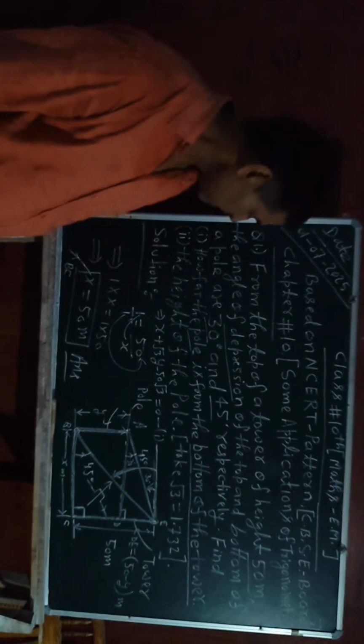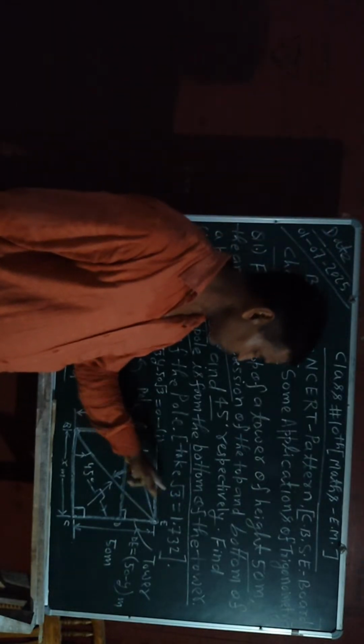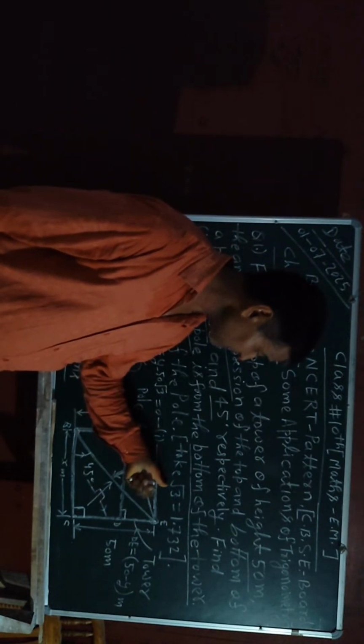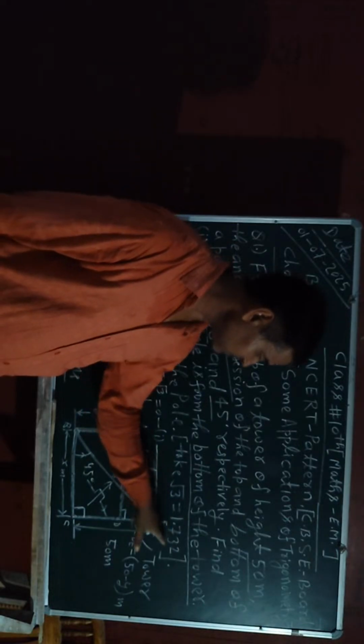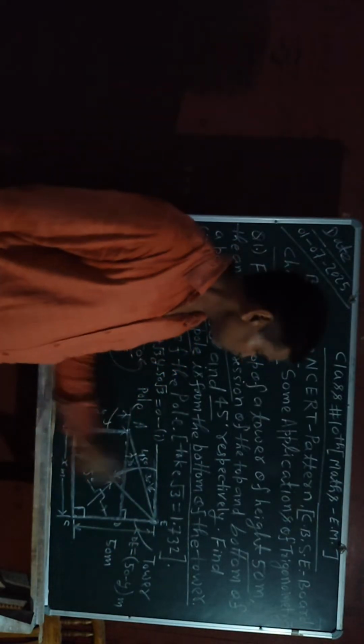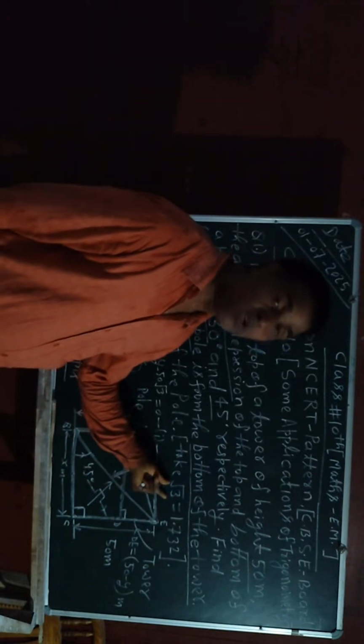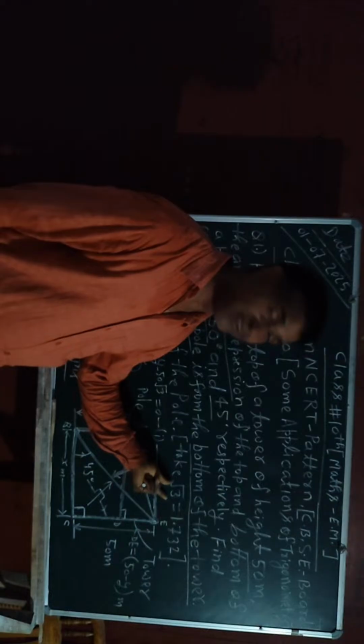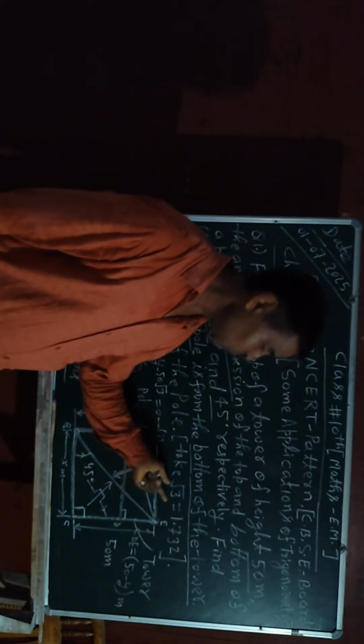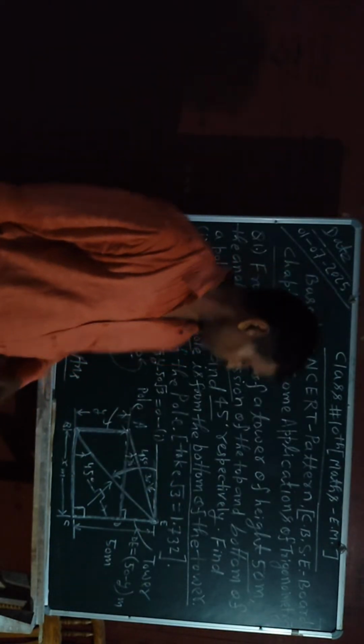Okay, student, in the place of root 3 given in the question, you can put 1.73 also. So this value you have to remember, because if this data is not given in the question paper, and you know it, you can put it there and easily simplify.